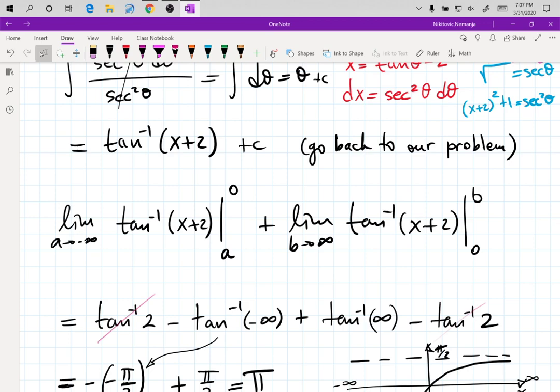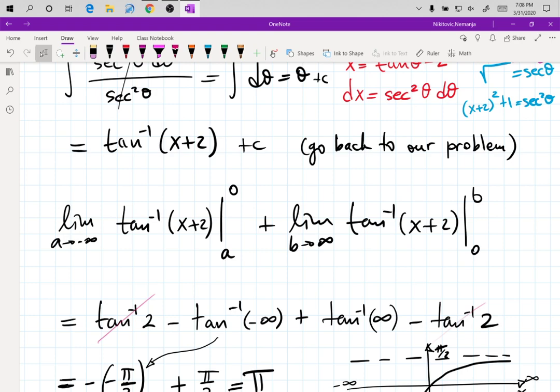And the type 2 has the vertical asymptote that you have to spot. And once you spot it, you have to work around it. And every one of those asymptotes or infinities has to be replaced by the limit. You have to use whatever integration you have to solve the problem.